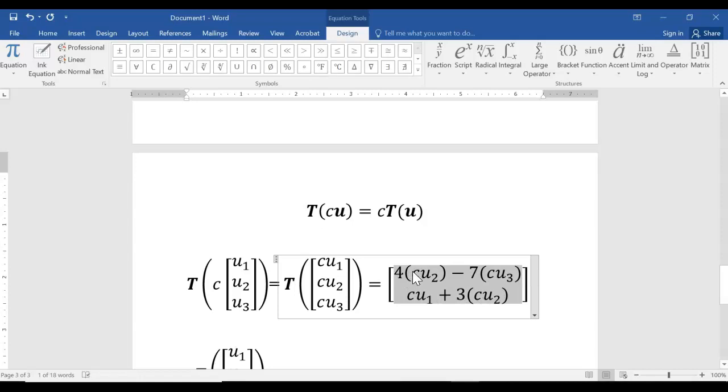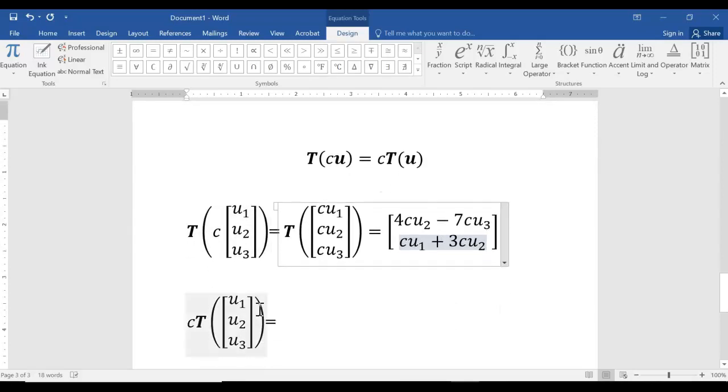If you want to get rid of these parentheses, you can just leave those off, because we're just multiplying everything there. So that's what you get when you multiply before and then do your transformation.